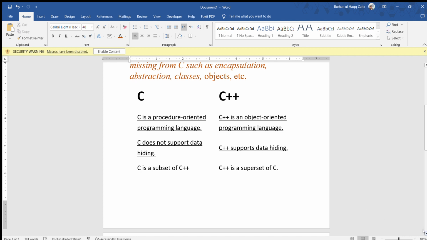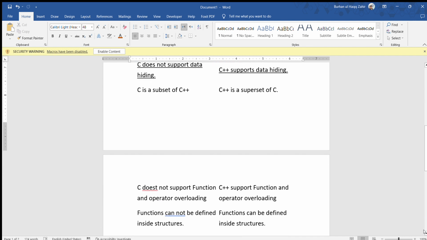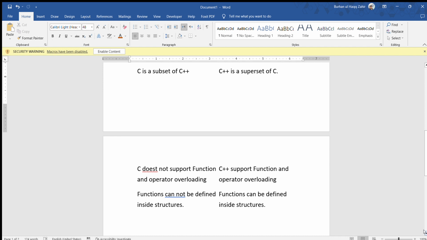The next point we are discussing is that C does not support function and operator overloading, but C++ supports function and operator overloading. In C there are some deficiencies, and to remove those deficiencies, new things come into the ground.